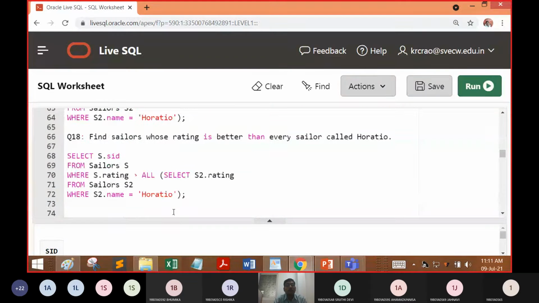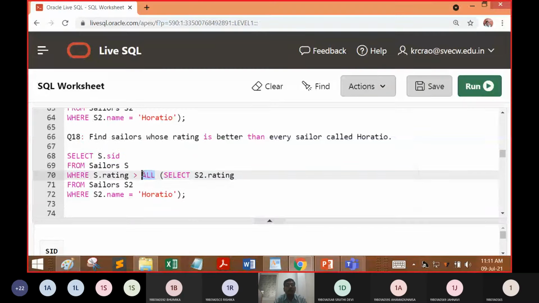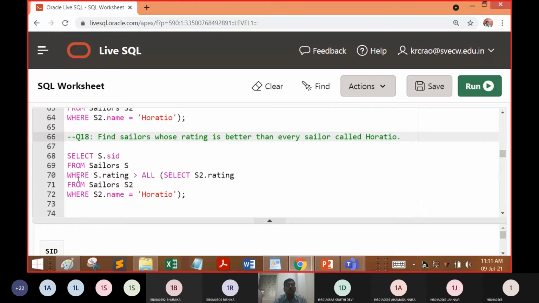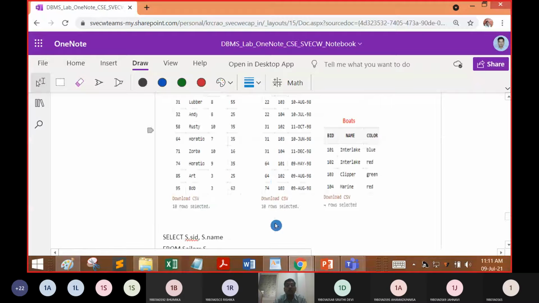Then instead of any, now let us replace it with all. So what happens when we say it is all? Now the duplicate values what we were talking about, those two duplicate values will not happen.